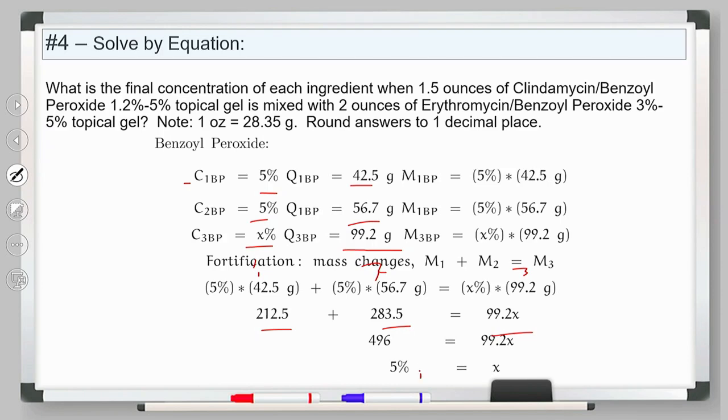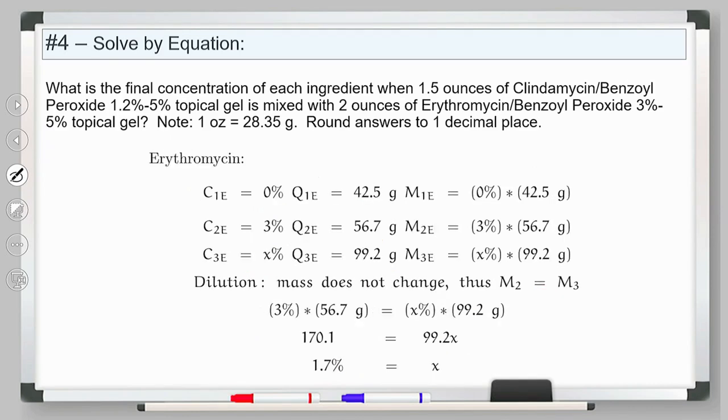You divide by it, you get 5%. That kind of makes sense. If you start with 5%, and you add 5% to it, what do you think the final concentration is going to be? 5%. It doesn't go up, but it doesn't go down either. It maintains that concentration, because both ingredients had the same concentration when we added it.